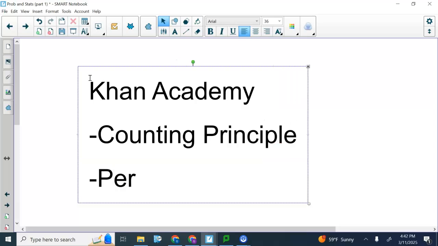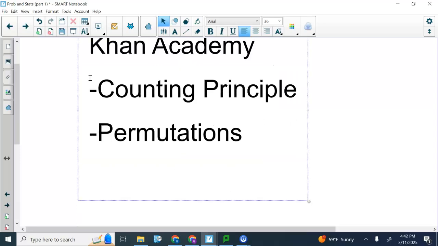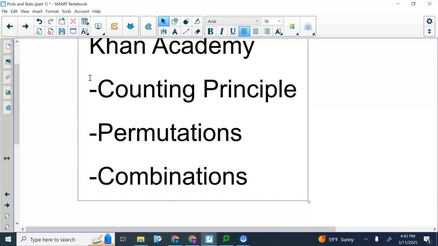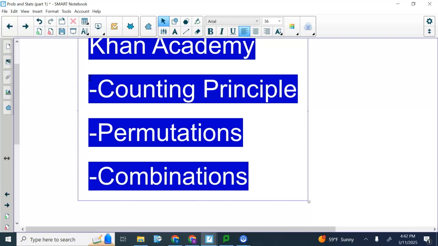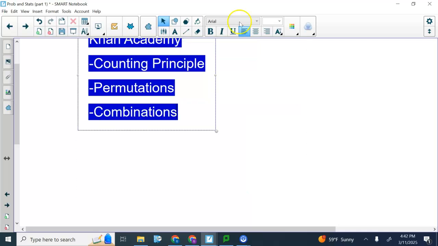One is permutations. And one is combinations. If you haven't been here, on the front of the packet, all those formulas are in that glossary. So if you're not sure what the permutation formula is, you can just go to that glossary, look there.